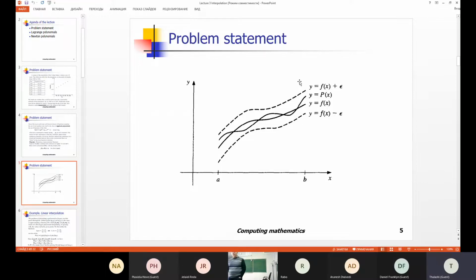And I can take the value of epsilon as small as desired. I can take it closer, closer, closer. Of course, in this case, we will have different polynomials. But this polynomial exists.